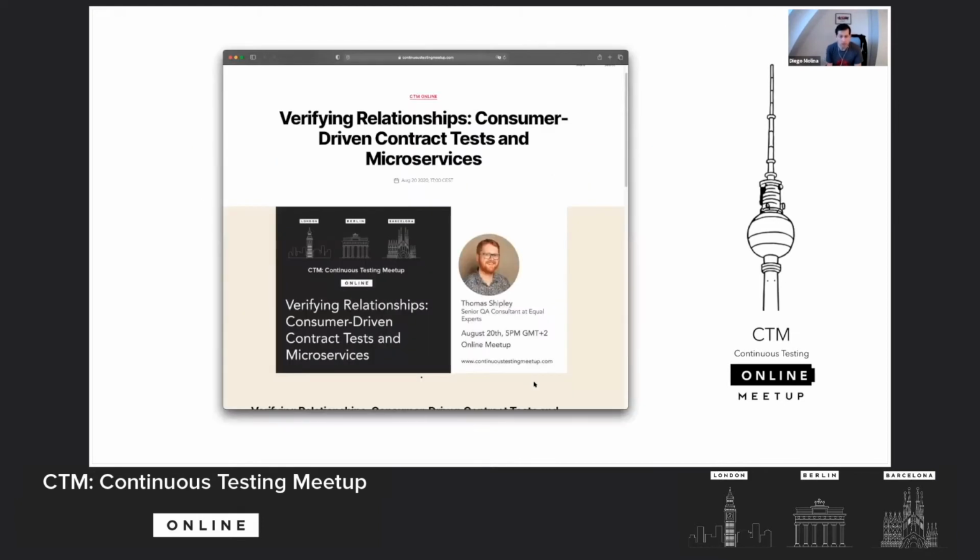Today, we're having someone who is giving his second talk in the continuous testing meetup. He has supported us since the beginning of this online experience due to the pandemic. Ideally, we wanted to have him at the second meetup that we were going to hold in London, but things happened, as we all know. Thomas was very happy to share his knowledge with us about 10 months ago.